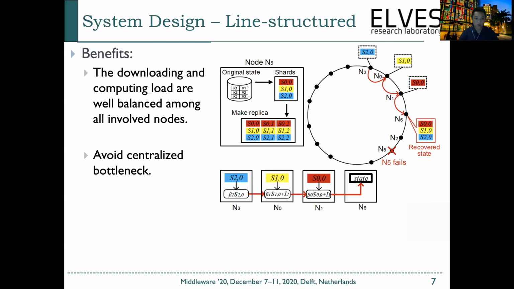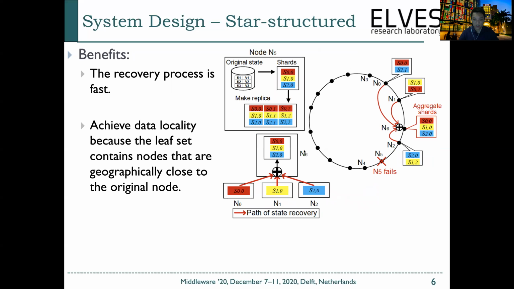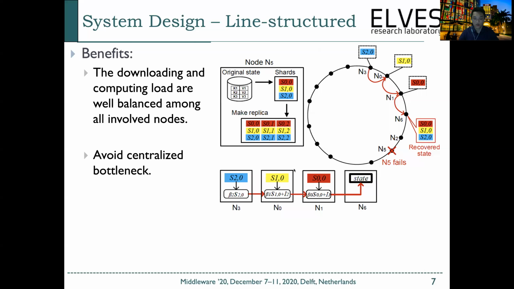The second structure we present is named the line structure recovery. For the previous star structure, if you notice, we actually have a central point here, so it's hard to recover large states using the star structure.